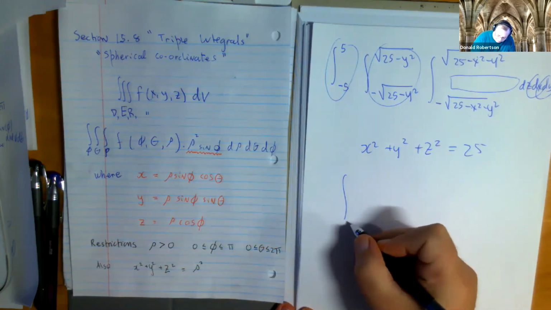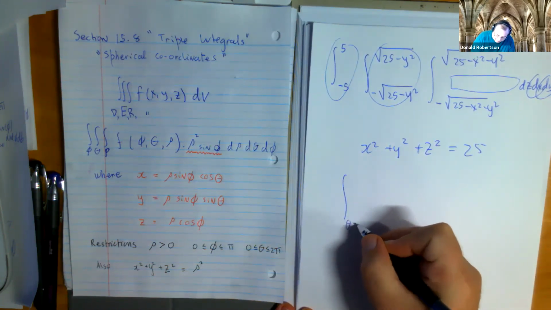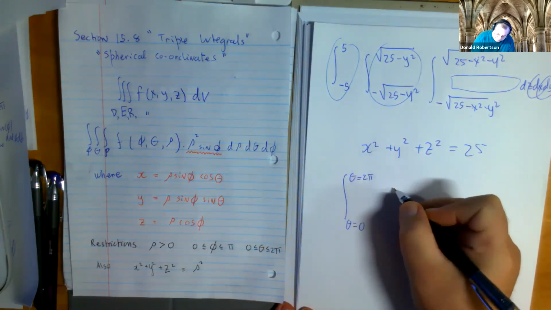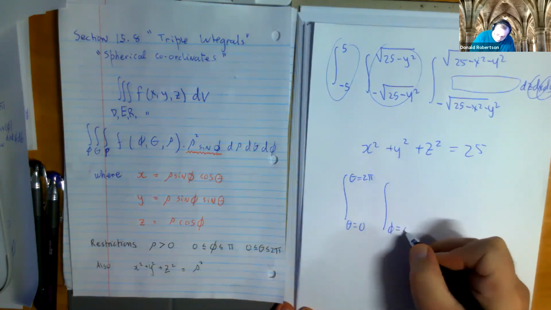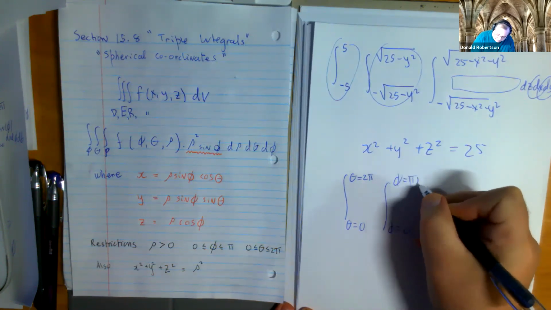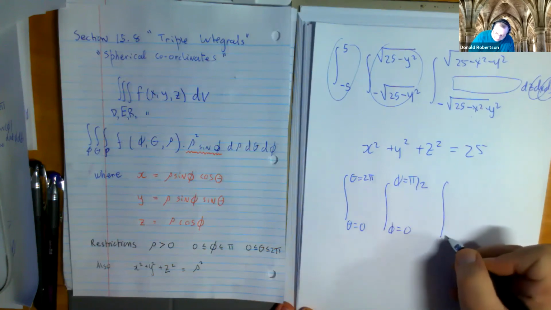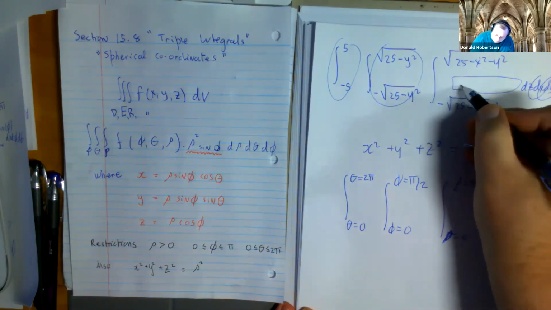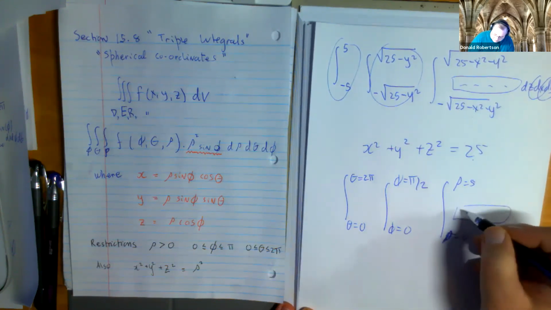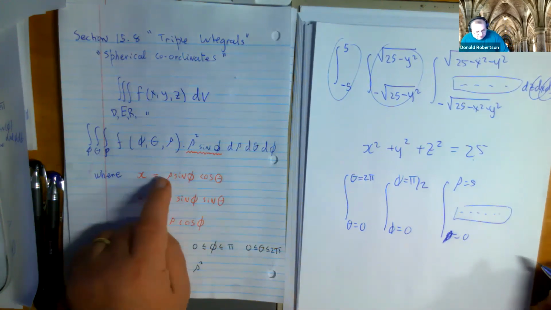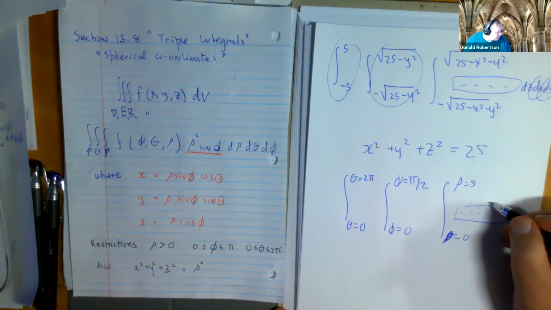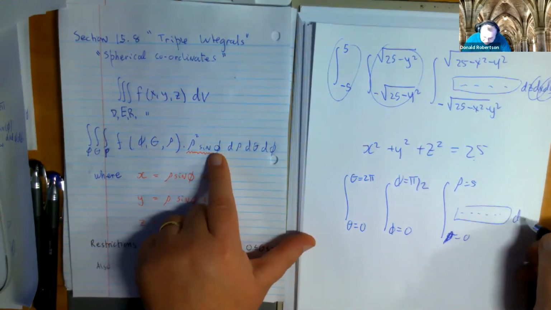Now, since you've got a circle on the XY plane, that means we can do the theta equals 0 to 2 pi, and we can do the phi equals 0 to pi over 2, and rho, because of this, is 0 to 5 of that ugly mess turned into using rhos, these guys here, followed by that fella.